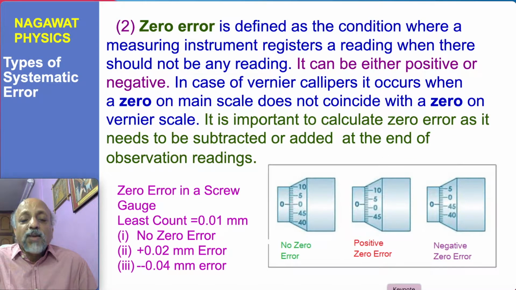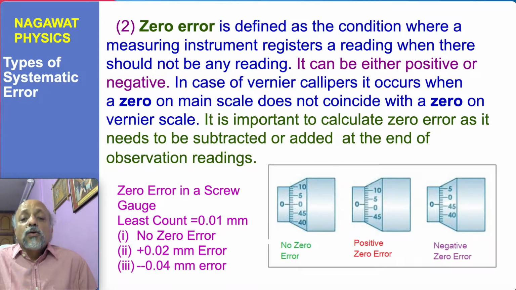The zero error in a screw gauge is shown here as an example. In the leftmost image, you find that when the spindle touches the stud, the two zeros are perfectly aligned. You can achieve this touching of spindle to the stud by using the ratchet, which was described in the last talk, on the screw gauge.